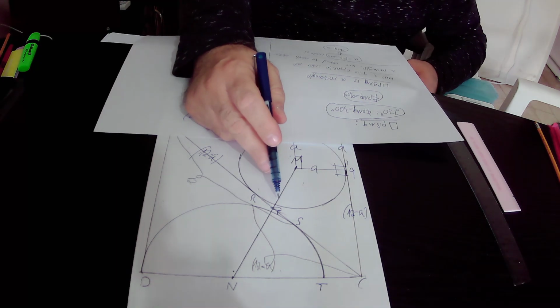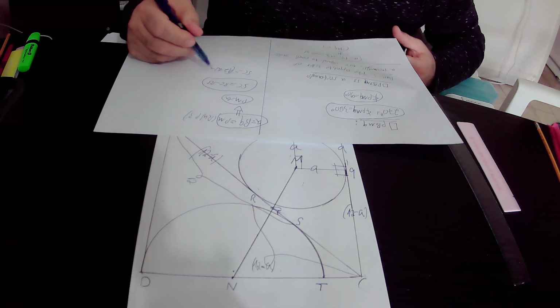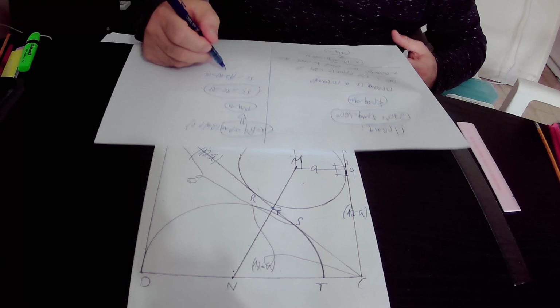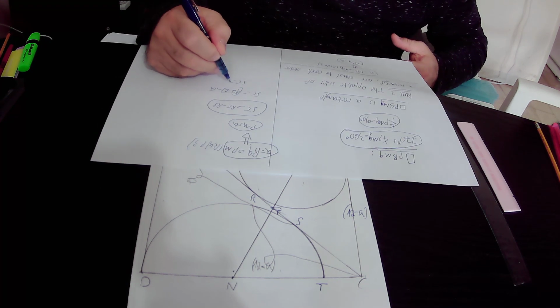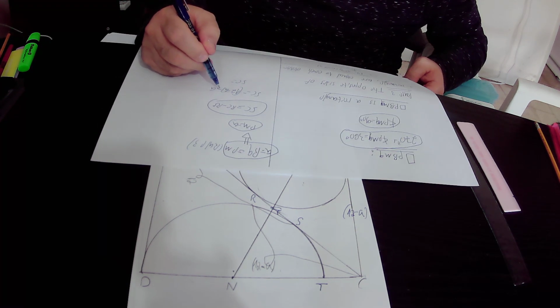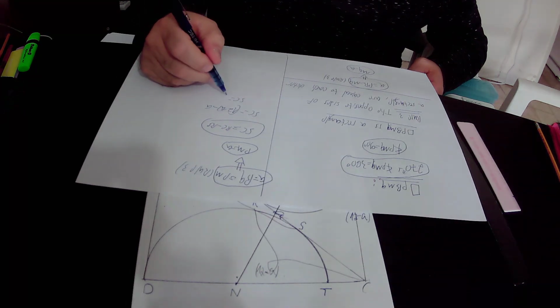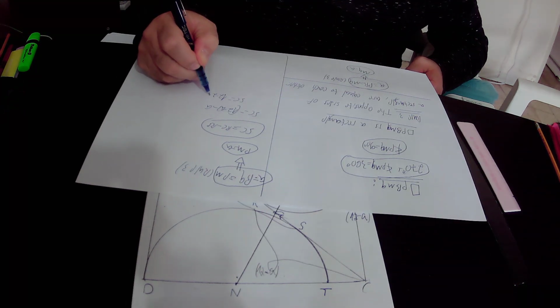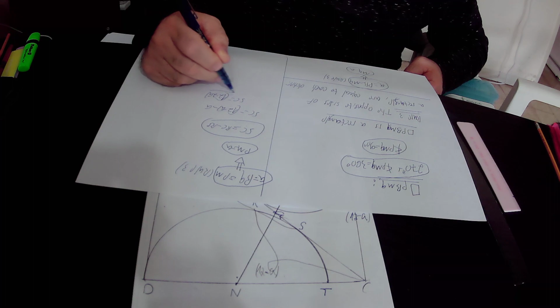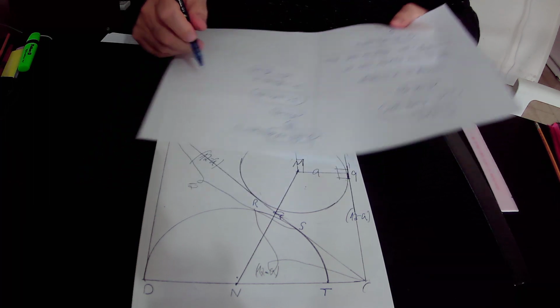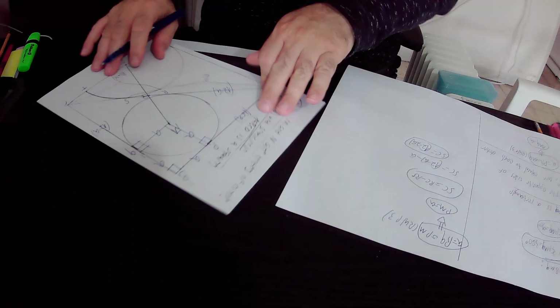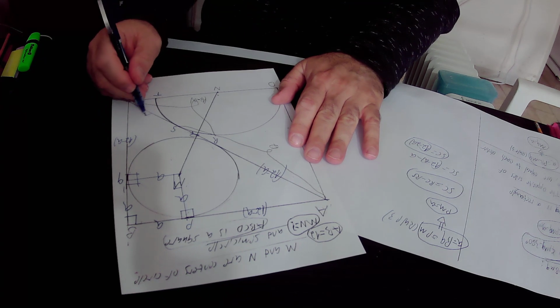We have already found out that RS equals A. So SC equals 12 minus A minus A. That is to say SC equals 12 minus 2A. We write here that SC equals 12 minus 2A.